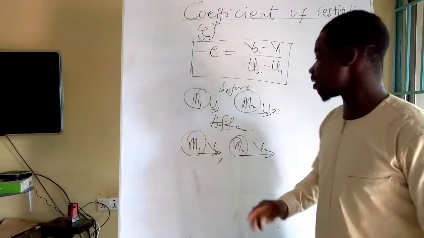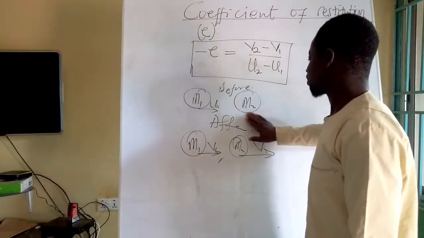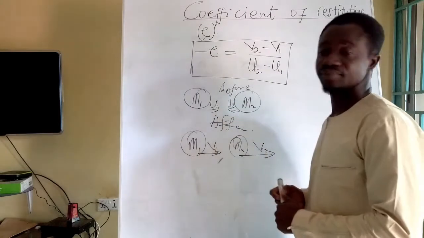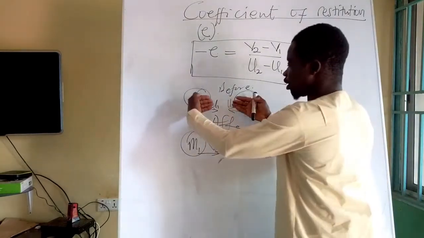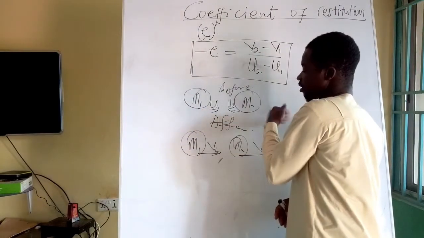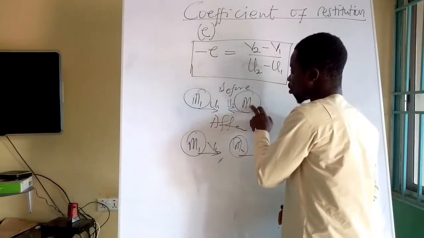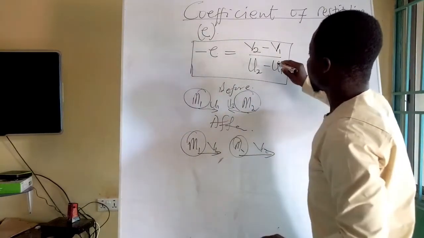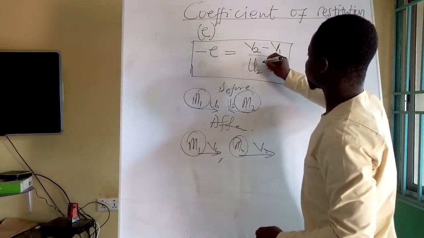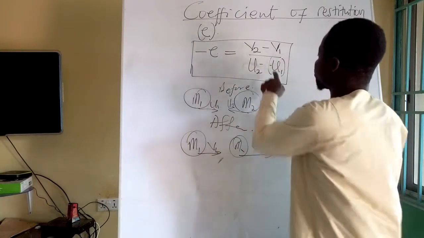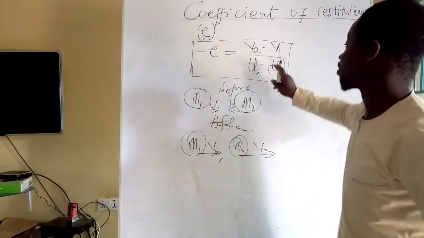But in a situation whereby the two bodies approach each other, while this one is moving in the positive x direction, this one, M2, is moving in the negative x direction because it is moving in the opposite direction. The initial velocity U2 will have to be negative. We'll have to take into consideration the direction of the velocity.